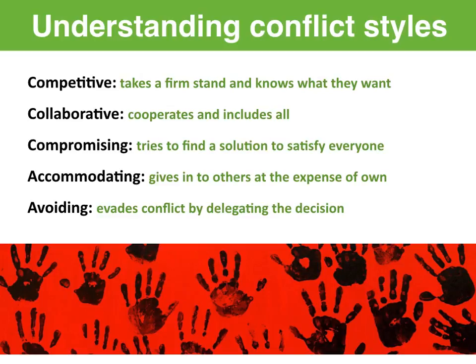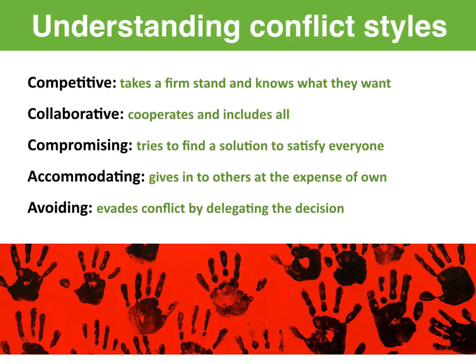Another person might compromise and try to find a solution that satisfies everybody, or be accommodating and give in to the other person at the expense of their own opinion. Or some people might just evade conflict, avoid it altogether, try and delegate the decision to somebody else because we don't want to argue about this or get into a disagreement, so they just avoid conflict.